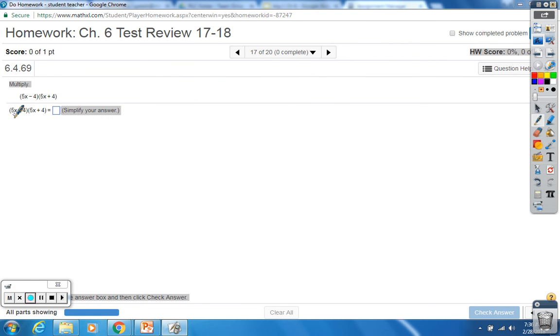And so in this one here, we'll also have to FOIL. So we'll have to take this 5x times this 5x first. So we'll do 5x times 5x, plus 5x times 4x.